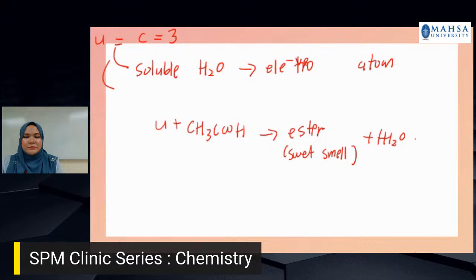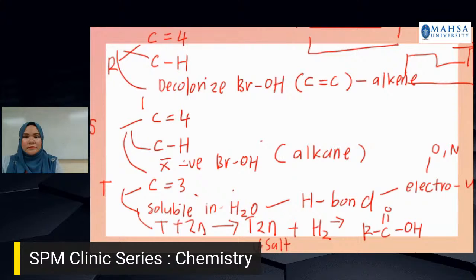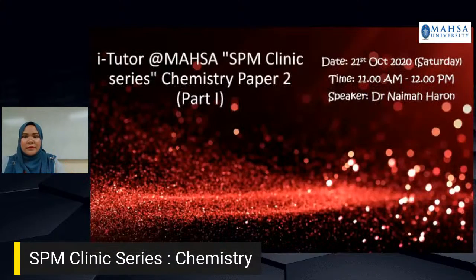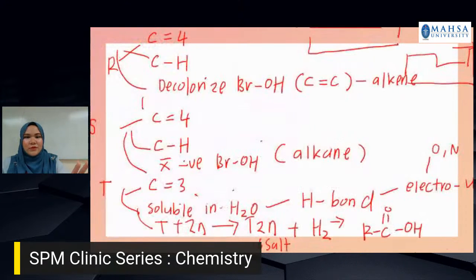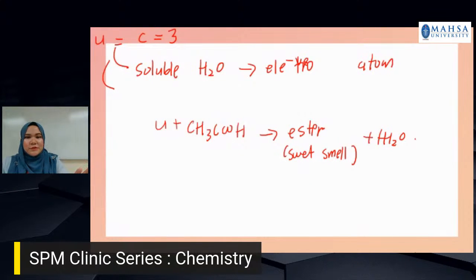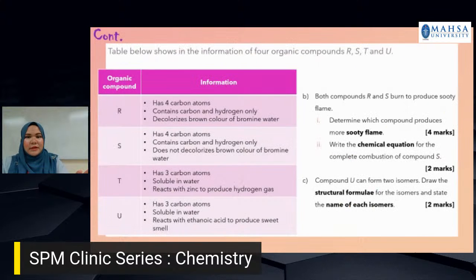Question 1 was regarding the molecular formula, functional group and so on. So next we move to the second question. Okay, the second question is regarding R and S. It stated that, as we know, R will be your double bond, S will be single bond.